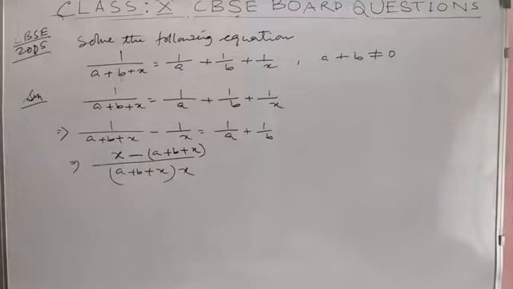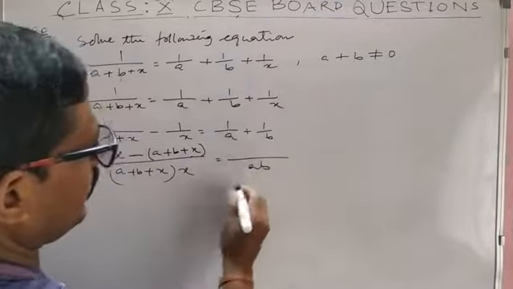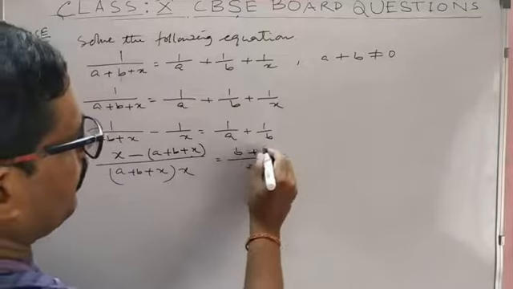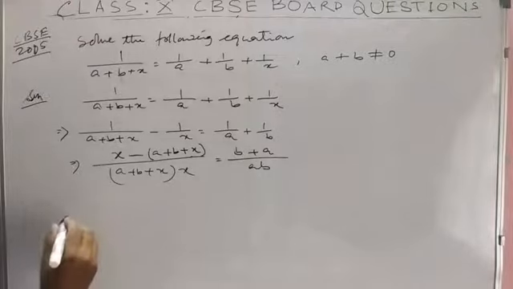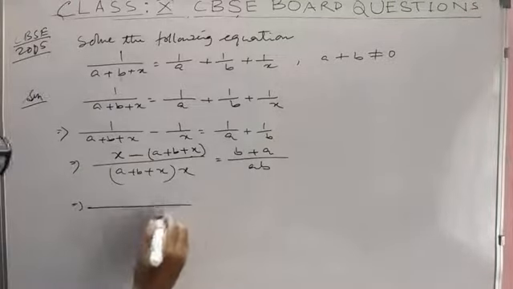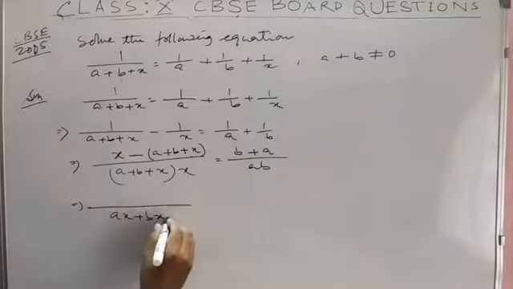Okay. Next let us take the LCM on this side again. It will be ab, so definitely it will be b plus a. Got my point? Next you see, multiply this: ax plus bx plus x square.